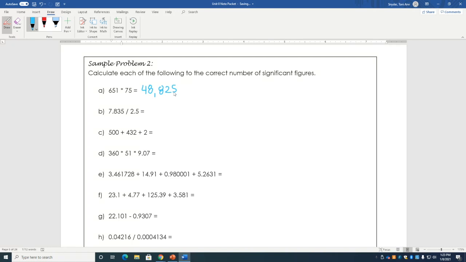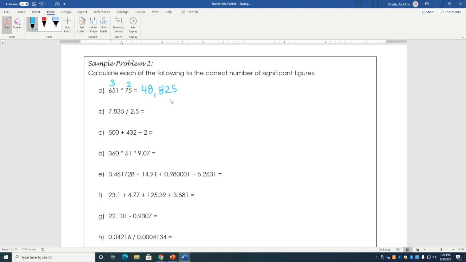So we have to consider how many significant figures are in each of those measurements in the beginning. 651 will have 3 significant figures, whereas 75 has 2. When you're multiplying, you have to consider how many significant figures are in the least precise value, and that's how many significant figures should be in my answer.